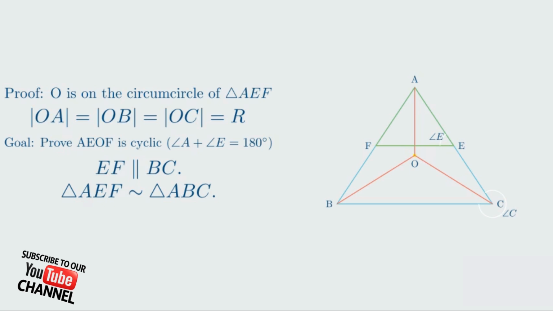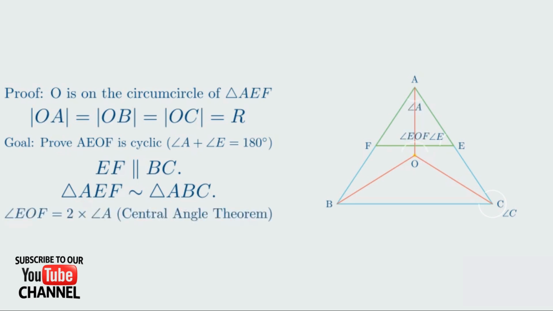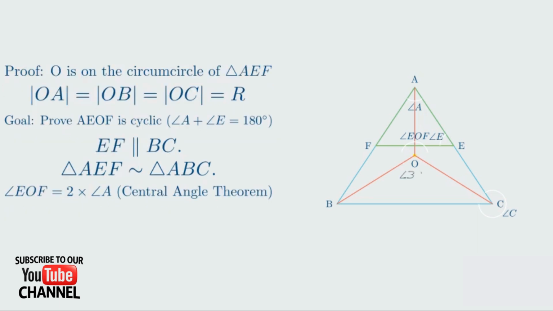The inscribed angle EAF, which is angle A of the main triangle, subtends the same arc. Since the central angle is twice the inscribed angle, we have that angle EOF is equal to 2 times angle A. We also know that the angle subtended by the side BC, at the center O, is 2 times angle A. This means angle BOC equals 2 times angle A. So angle EOF equals angle BOC.